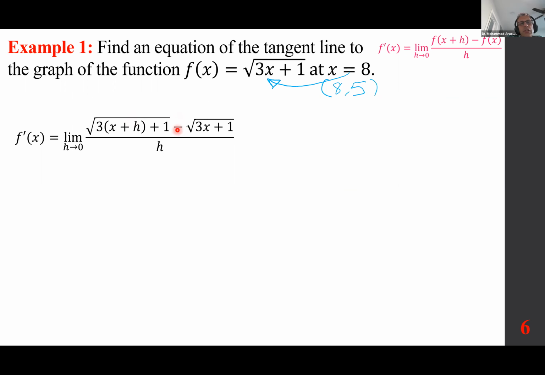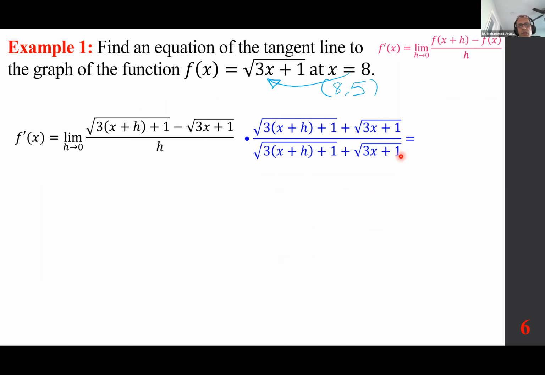You just change this negative sign to a positive sign. These two don't change. Okay? So you put it at top as well as the bottom. Why? Because this whole thing is equal to 1. So you're multiplying by 1. You're not changing anything. But the process will give you the answer.